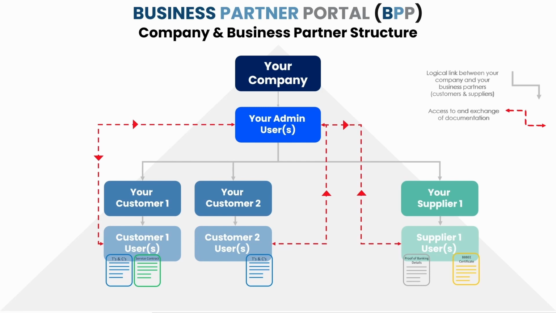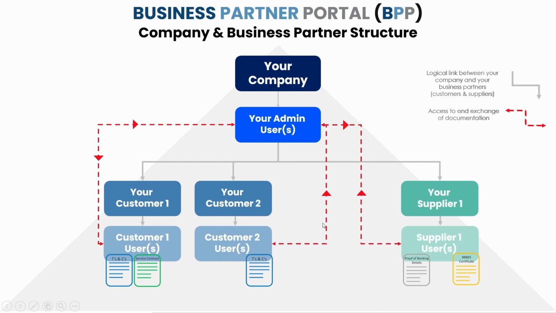Viewing, sharing, and collaborating on documentation is depicted by the red lines. From your company, you can view the documentation that the customers have loaded. So you can access the customer and you can access the documentation that they've loaded.